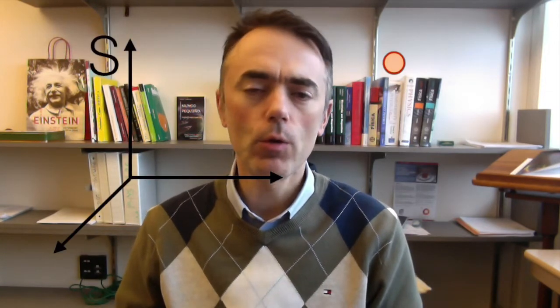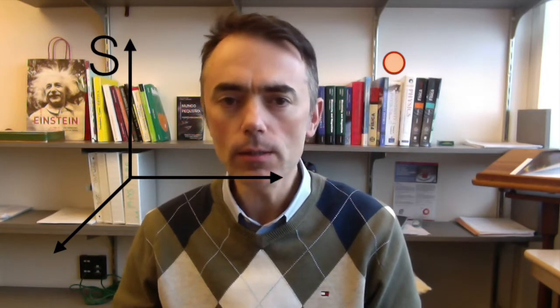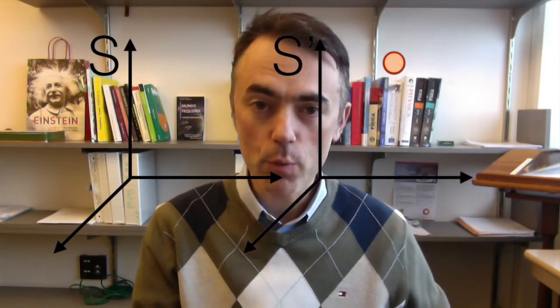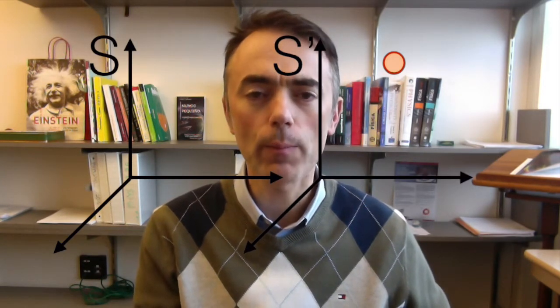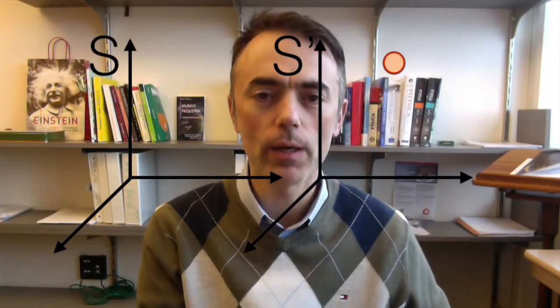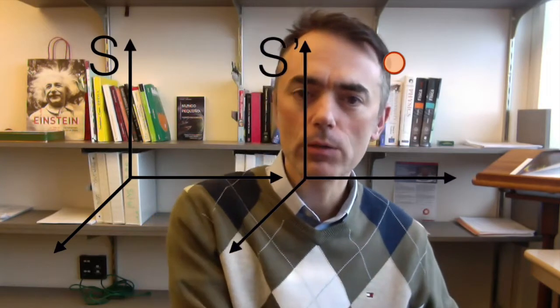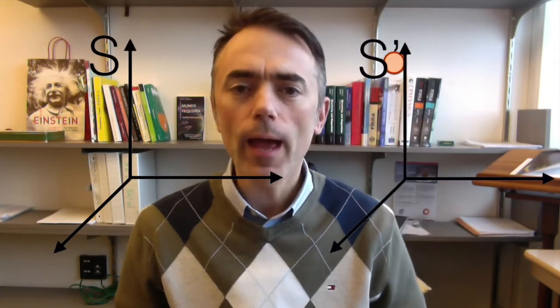In order to find that equation, we will assume we have two different reference frames: S with coordinates x, y, z, t, and reference frame S prime with coordinates x prime, y prime, z prime, and t prime. Reference frame S prime is moving with respect to reference frame S in the x direction.